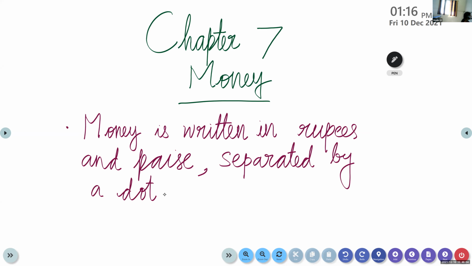W-R-I-T-T-E-N. So you can underline, money is written in rupees and paisa, separated by a dot.